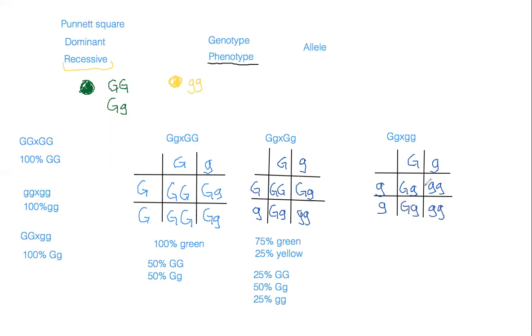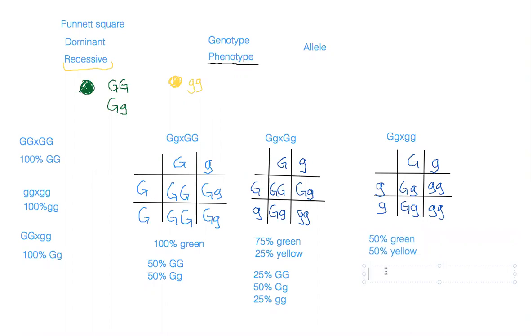So again, we are going to end up with something like we did in here, a 50-50 probability, but it will be a little different. First, 50% of them will be green, and the other 50% will be yellow. So that's something that you can tell from this square.